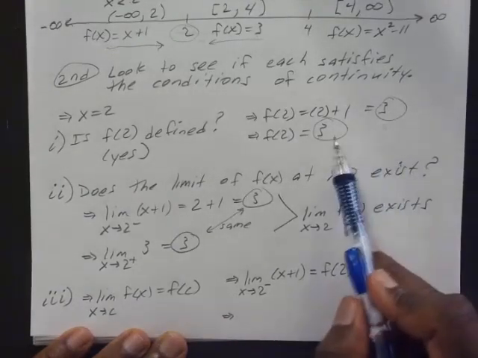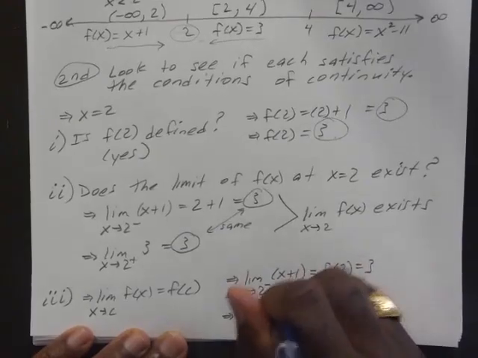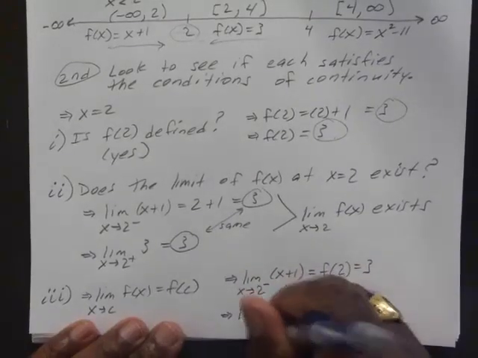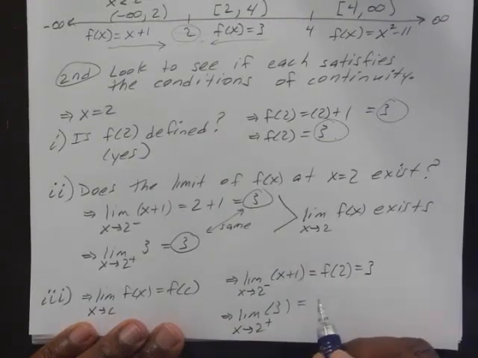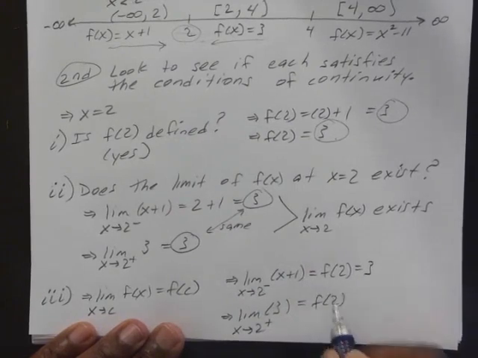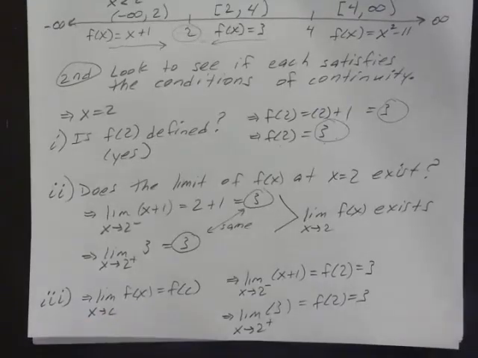And again, you already know that up here. The limit of f of x from the right, which is just 3, as x approaches 2 from the right, is again just f of 2, which is 3. So that first step kind of answers a lot for you already.